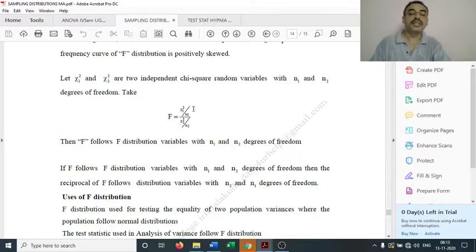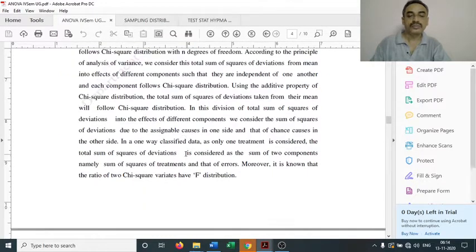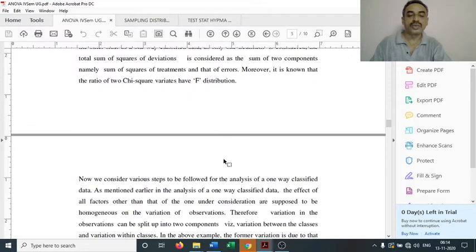So this is the statistic, or principle, of standard analysis of variance. The statistic used in analysis of variance follows the F distribution. So the answer to the question about the distribution used in ANOVA is the F distribution, which is known to be the ratio of two chi-square variables.